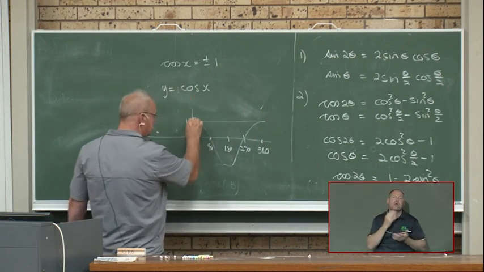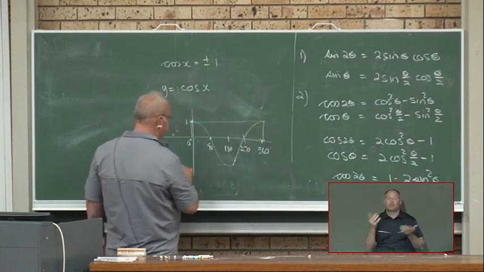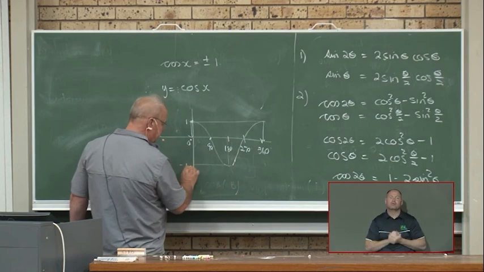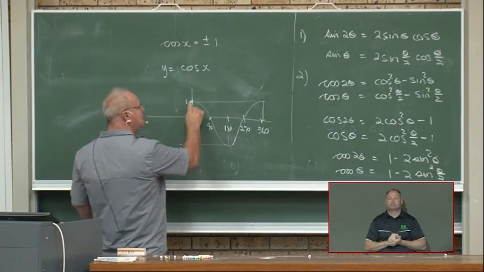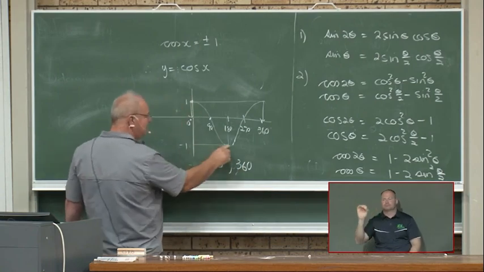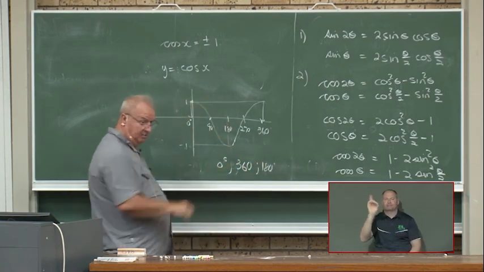It's 1 at 0 degrees. When is it 1? 360 degrees. And where is it negative 1? 180 degrees, correct? So the answer here, when is it 1? At 0 degrees and 360 degrees. When is it negative 1? At 180 degrees. And that gives me my solution.